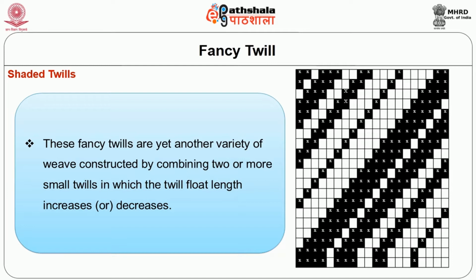Figure 1.2 depicts the shaded twills composed of 4 twill weaves repeating on 5 threads, which are arranged in the order of 4 up 1 down, 3 up 2 down, 2 up 3 down and 1 up 4 down weaves. The weave repeats on 20 ends and 20 picks. In its construction, the 20 ends and 20 picks are marked, and then the twills are arranged in such a way that the shade effect either increases or decreases along the diagonal line.